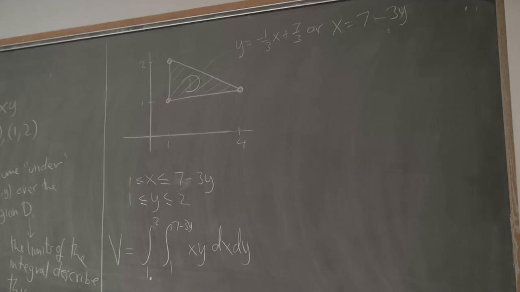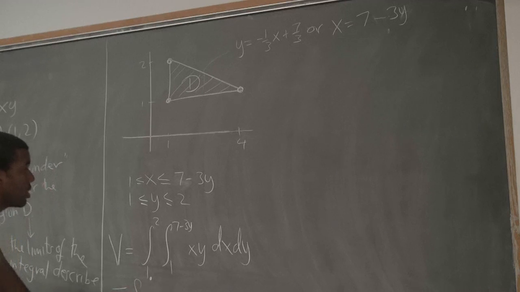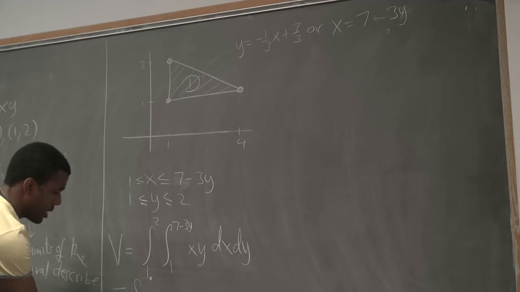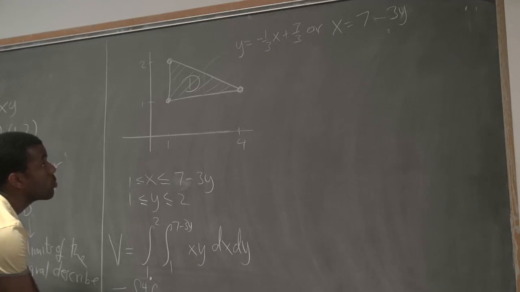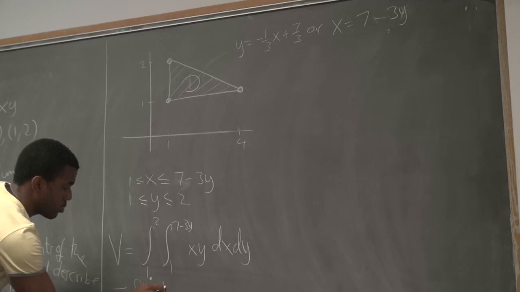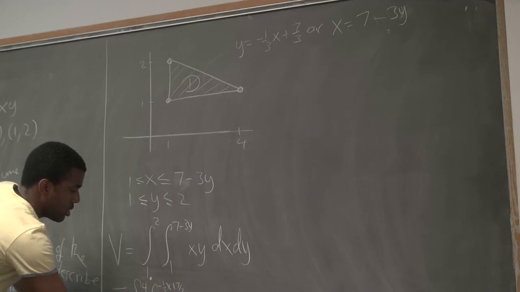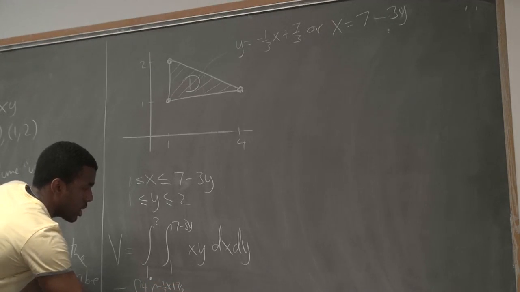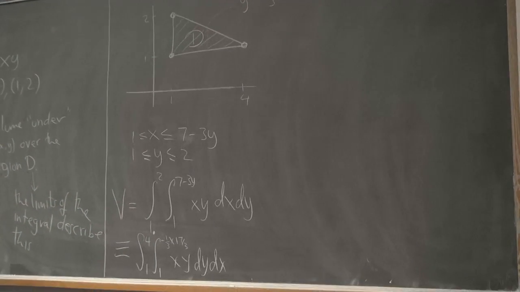That would be the setup, right? This is equivalent to x goes from 1 to 4, y goes from 1 up to minus 1/3 x plus 7/3 of xy dy dx. Right? So either one of those, if you set up the whole thing, you should get the answer.